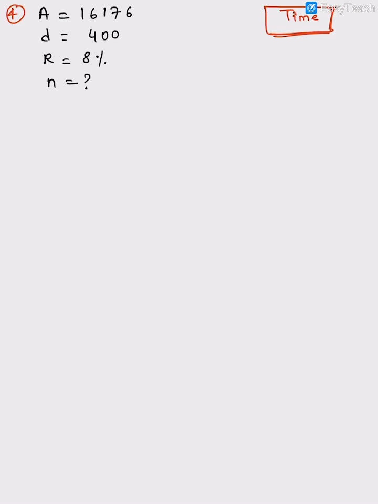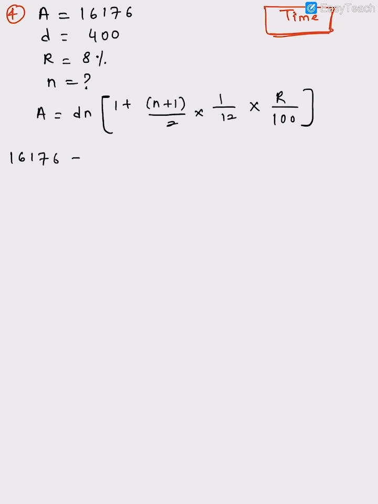Okay. Now let's start. So what is the formula now? Amount is equal to D n in brackets 1 plus n plus 1 by 2 into 1 by 12 into r upon 100. Again, what's the amount? 16176 is equal to 400 into n in brackets 1 plus n plus 1 by 2 into 1 by 12 into r upon 100.